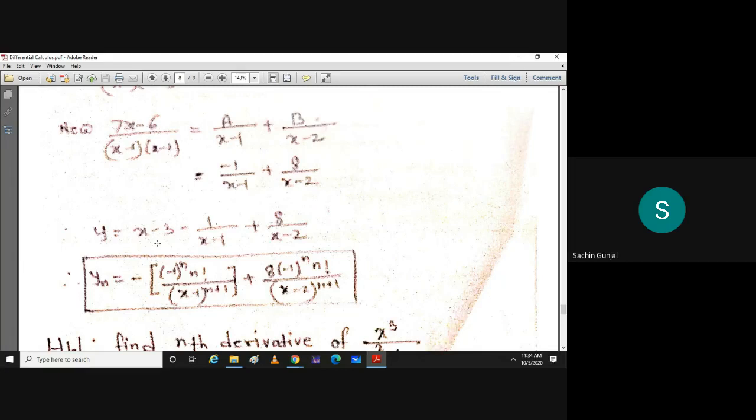If you have quadratic polynomial here, what will you write? How will you write nth derivative? They're in the form of square. In the form of ax plus b raised to m.